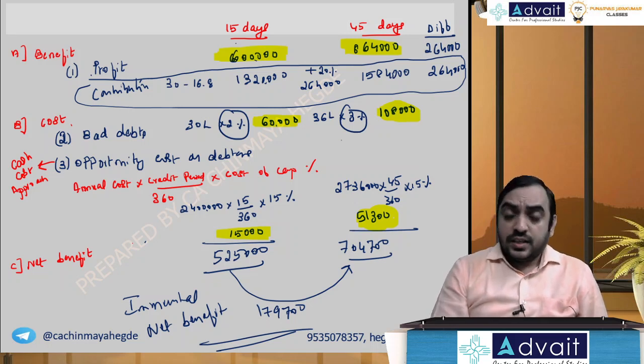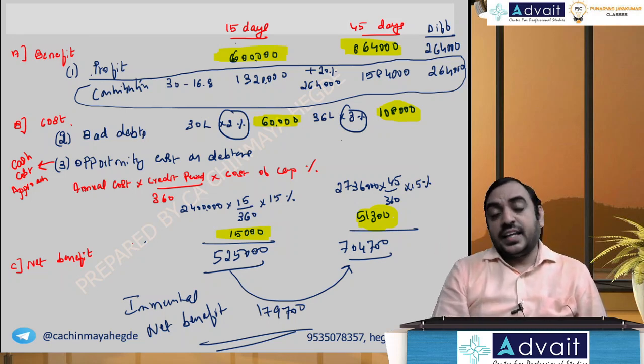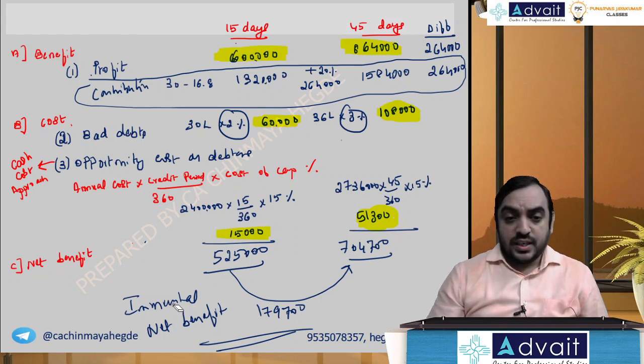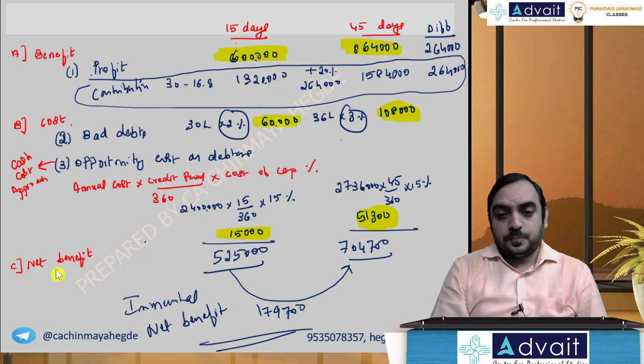We recommend a credit policy of 45 days. So we can say recommended policy: 45 days. Incremental net benefit, increase in net benefit. You can say increase also.